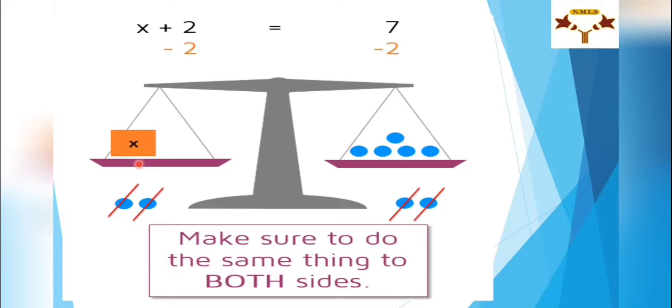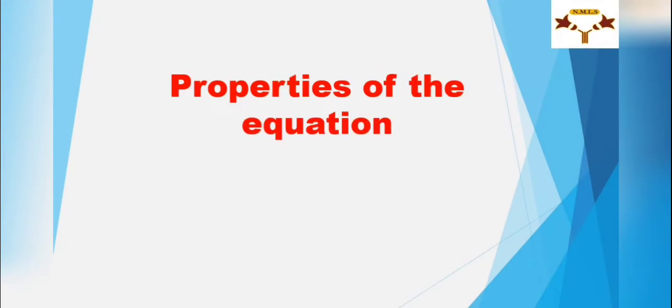So here x now is standing alone in the left hand side, and in the right hand side I have now 7 minus 2 equals 5. So now I have x equals 5.